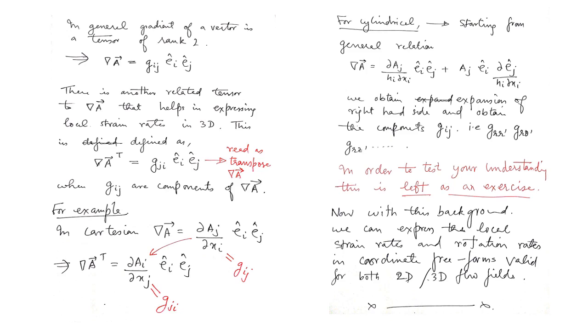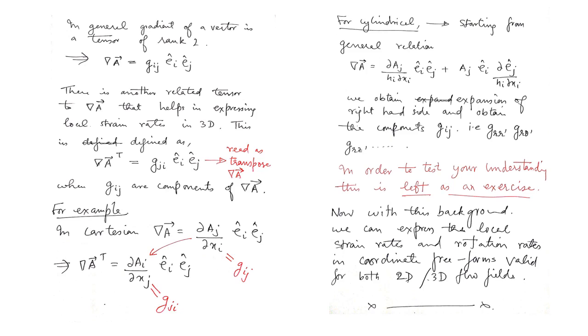I'll show it in the subsequent lectures, how we can use this background to express local strain rates as well as local rotation rates in either 2D or 3D, in coordinate free form. So there are two distinct advantages. I am not sticking to any particular coordinate system.